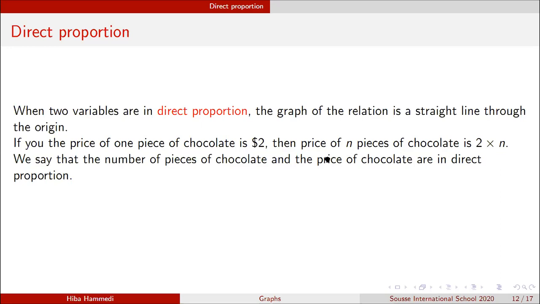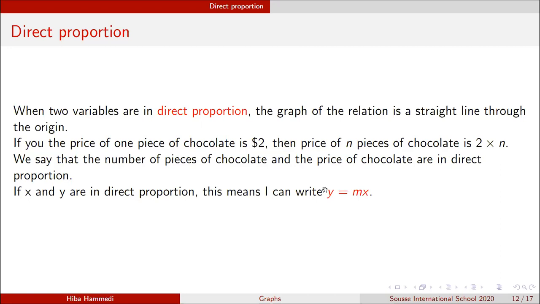And we say that the number of pieces of chocolates and the price of the chocolates are in direct proportion. This is why we say that the graph is a straight line passing through the origin.